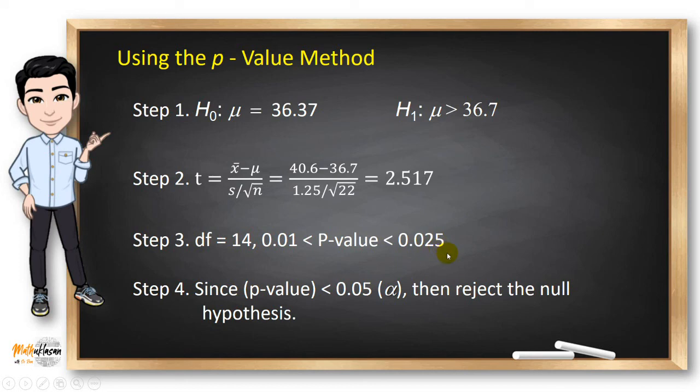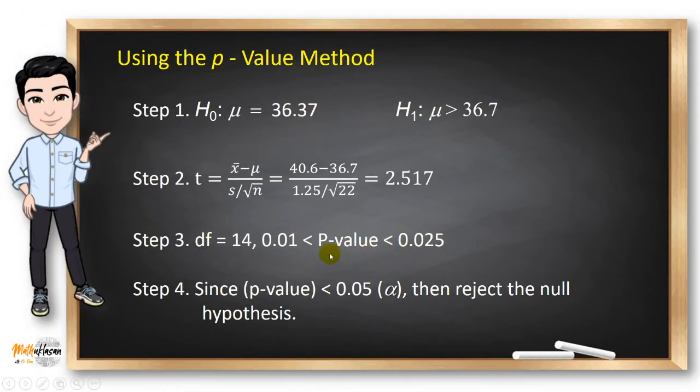Yes, we only have an interval here and we won't be able to identify the exact value for the p-value if we are only using the t-distribution table. If you want to get the exact value of p, we can use computer software like Excel and SPSS, or a scientific calculator that has that kind of function. Or you can just watch my videos, right?